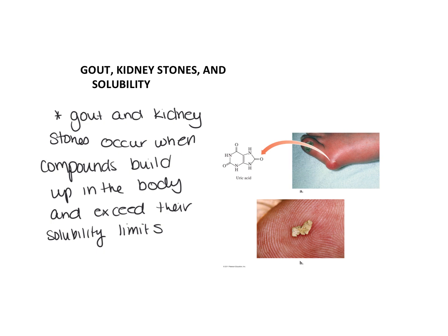For gout, that compound is uric acid. I've got the structure of it there. Basically, there's an excess of this, and crystals form in the cartilage and tendons, and it can be very painful. So there's an example of gout, and there's an example of the crystals.